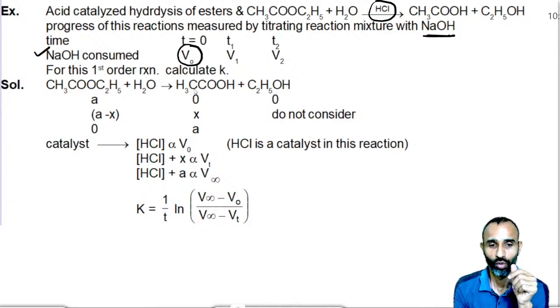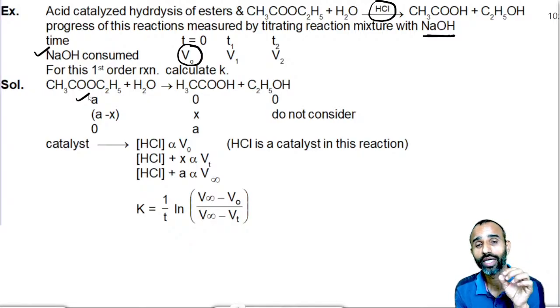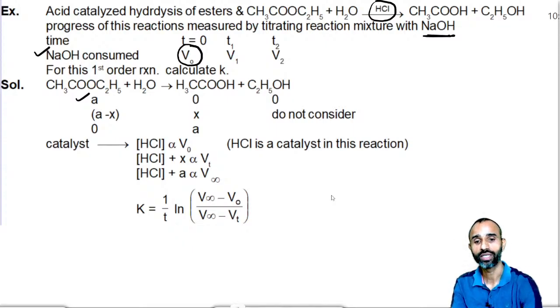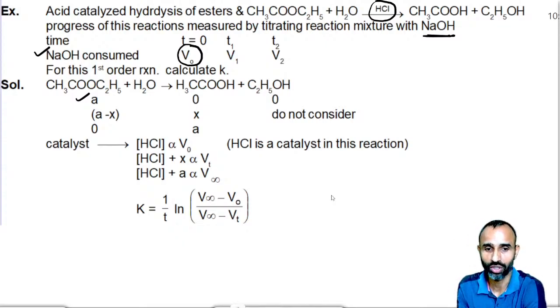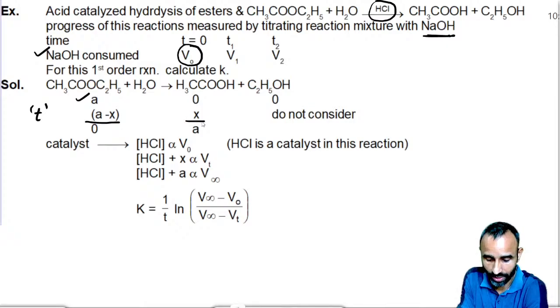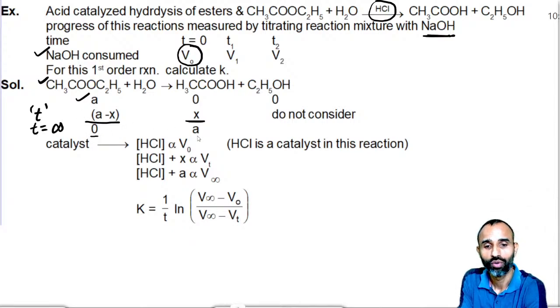So let us say concentration of ethyl acetate initially is a, and acetic acid is 0. After time t, ethyl acetate is a minus x, and acetic acid is x. At time infinity, the whole of the ethyl acetate is used up, becomes 0, and acetic acid is now a.